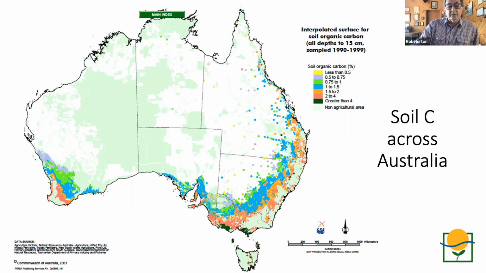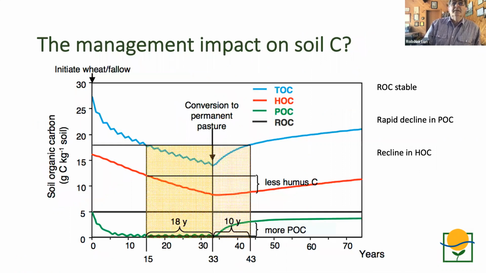And the next graph here is probably the one that we see and think about most in terms of managing carbon. This graph came from a trial at the Waite Agricultural Research Institute in South Australia, and it was a permanent rotation set over 75 years.